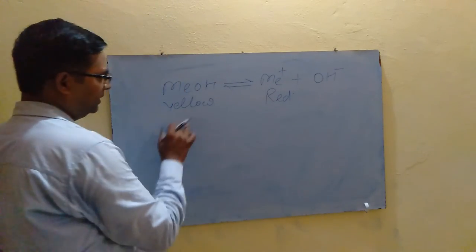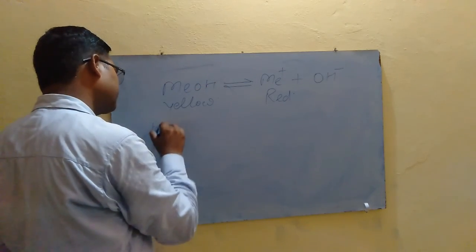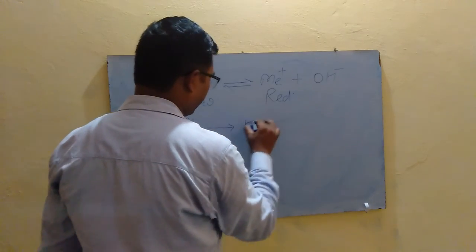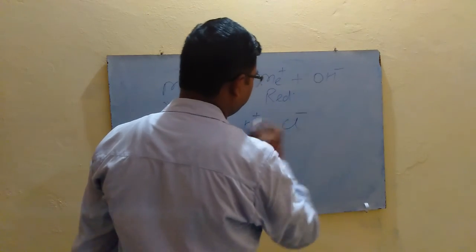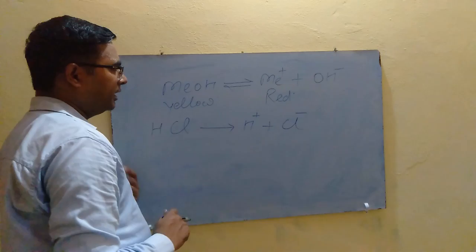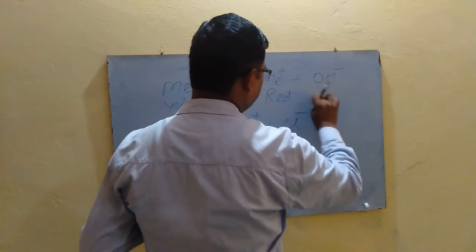So if this methyl orange indicator is added in acidic solution, suppose it is dissolved in HCl, in that case the H ion furnished by the acid will react with the OH ion, and it forms the H2O molecule, and therefore the concentration of OH ion in the solution decreases.